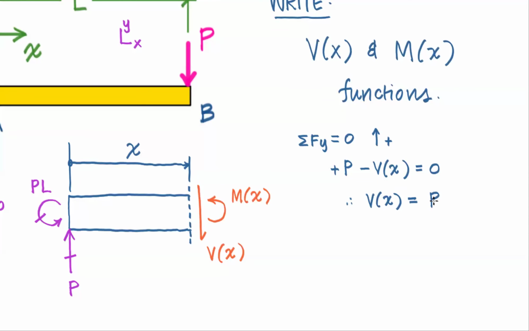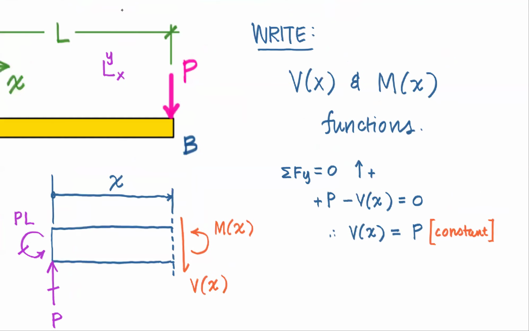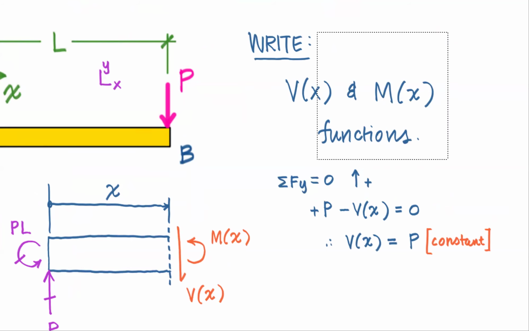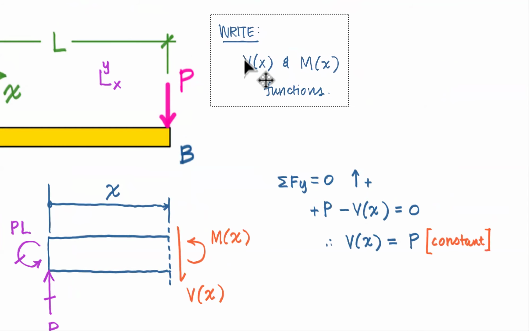Therefore, my shear at any cut x is equal in magnitude to the load P, and the sign is positive up, down. So this is telling me that my shear is a function, but it happens to be constant. And I should probably add one other detail here.